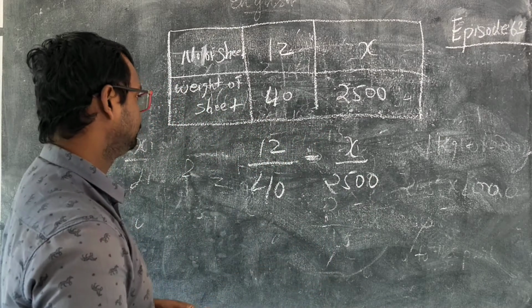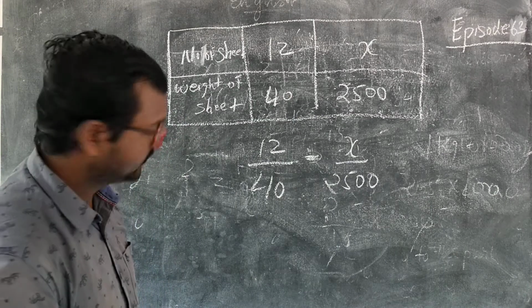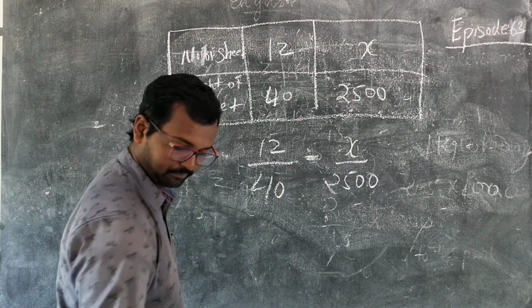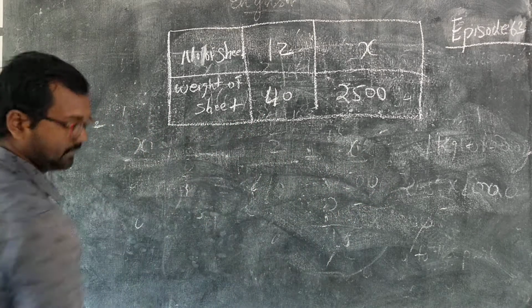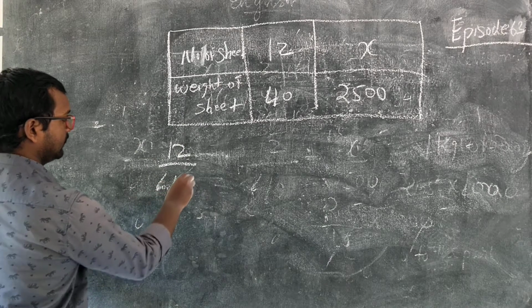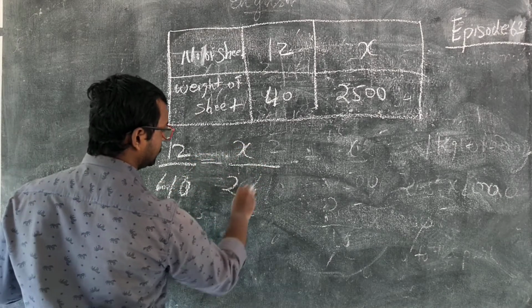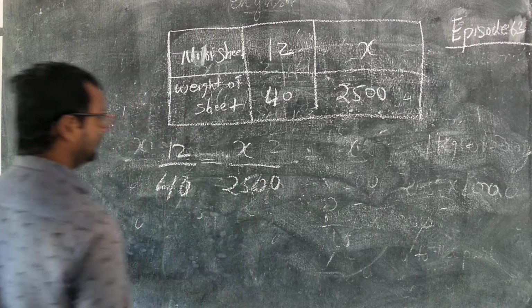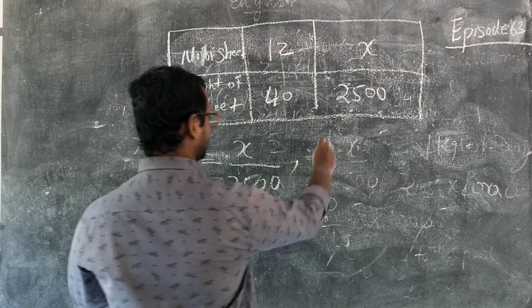So from here we will get 12 by 40 is equal to x by 2500. From here we will get the value of x.